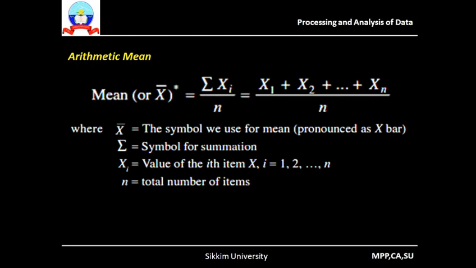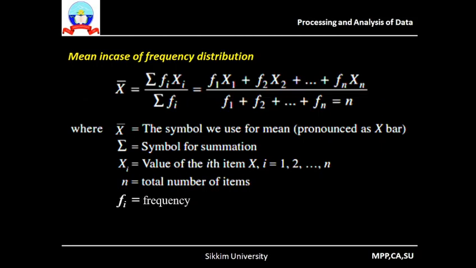Now let us move on to other forms of mean. In case of frequency distribution, mean takes the following form. Mean is equal to the sum of products of frequency and the data point.